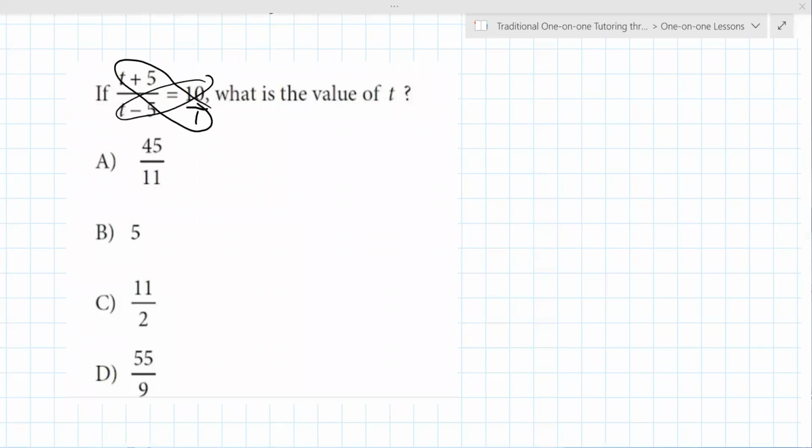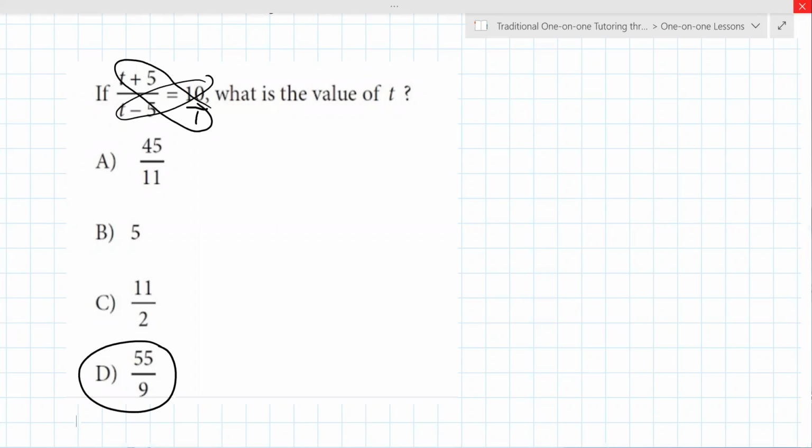So t plus 5 equals 10t minus 50. So add. So 9t equals 55, divided by 9. 55 over 9, I mean. D. Yes. Okay, good.